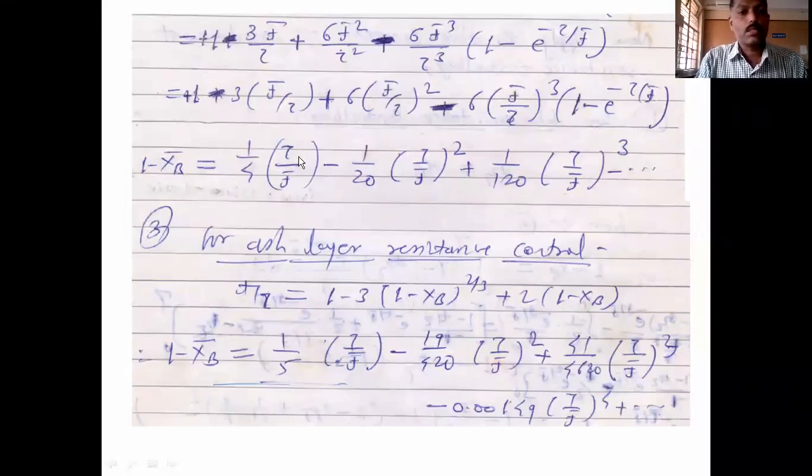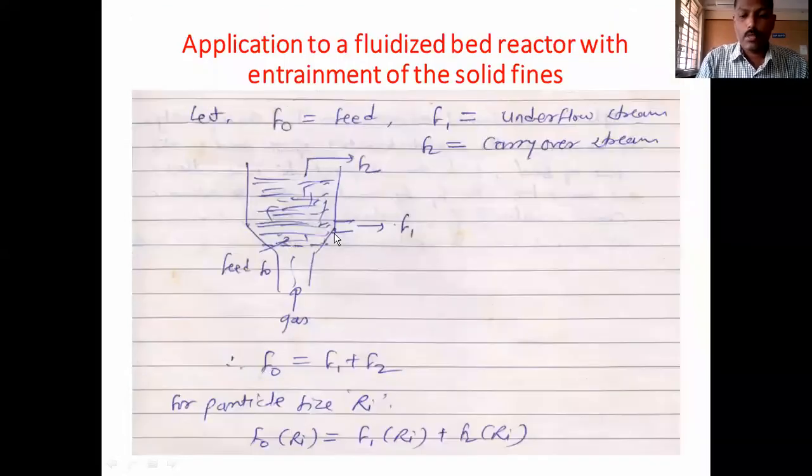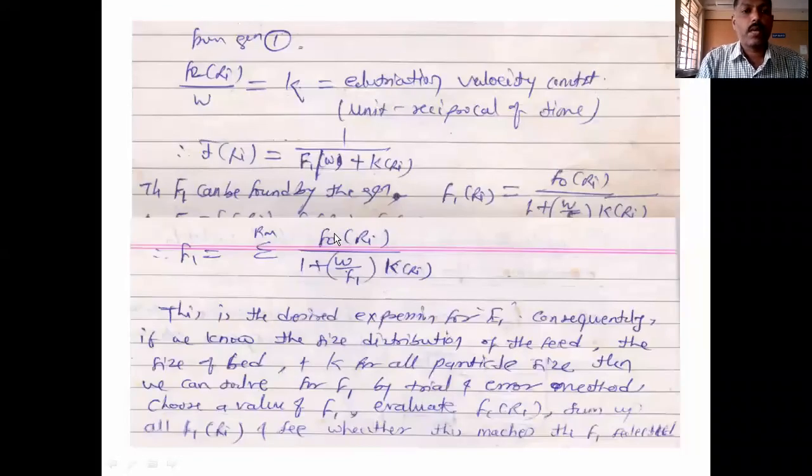Then tau is different, but T bar is the same for all the particles. But if a fluidized bed reactor is there, in the fluidized bed reactor this T bar is different. So T bar and tau both are different in a fluidized bed reactor. So for calculating the mean conversion, these equations we can use.